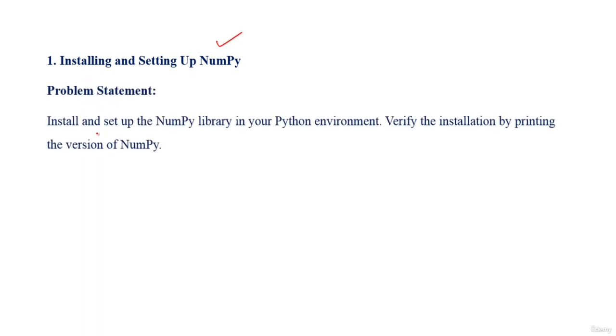Problem statement: install and set up the NumPy library in your Python environment. If you are learning NumPy, it means that you have already installed Python in your system. So there is a shortcut command you can use to install NumPy in your system, for example, pip install numpy. Verify the installation by printing the version of NumPy.